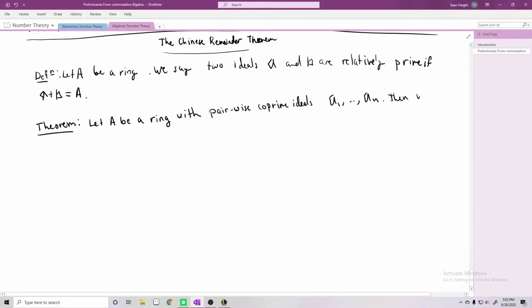Then we have an exact sequence: zero, an ideal A, which I'll define in a minute, embedding into my big ring A, and a family of projections, i equals 1 to n, A mod A_i.